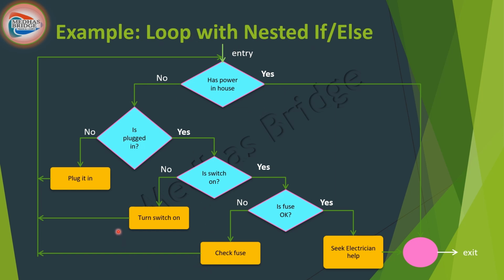Control is brought back to the starting point. That's called looping, right? A loop with the nested if statement. If you look at this flow chart, you will understand where the loop comes, where the forward direction branching comes, and accordingly what programmatic concept you have to pick to implement.